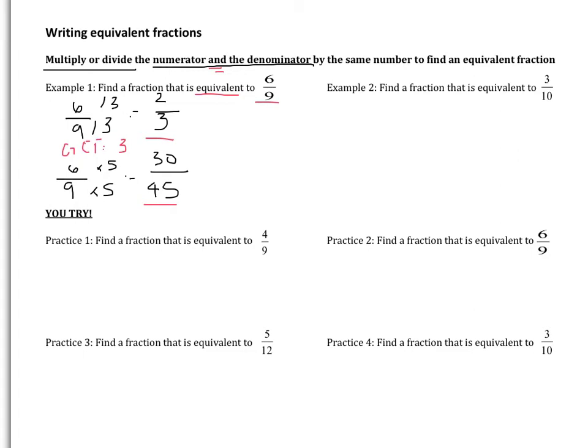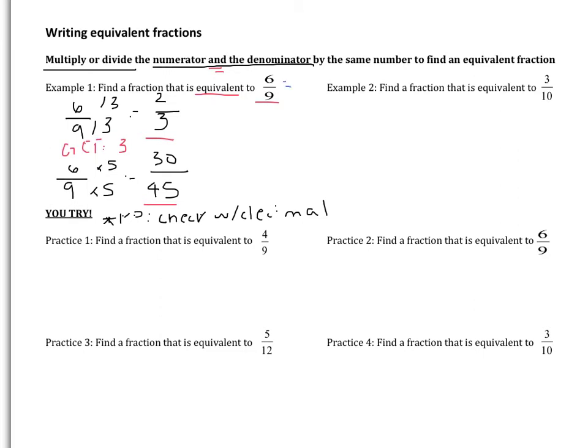Now, there's a way we can check that we've actually found an equivalent fraction, and I want you to put a little key point here. The way we're going to check is with a decimal. If we change our number into a decimal, we should get the same decimal for each. First, let's do 6 divided by 9.